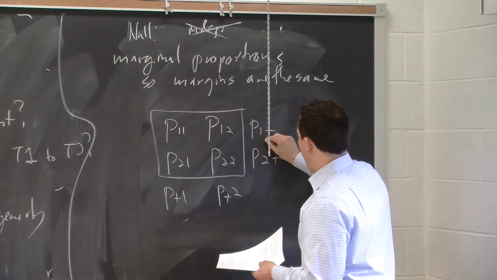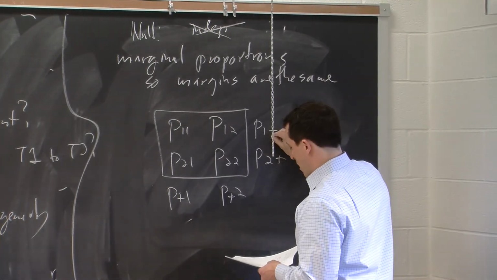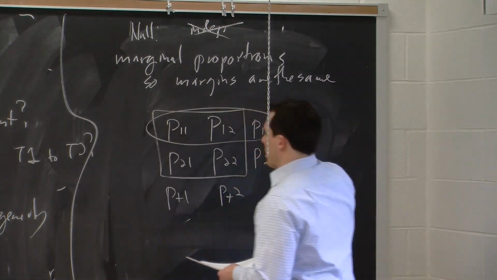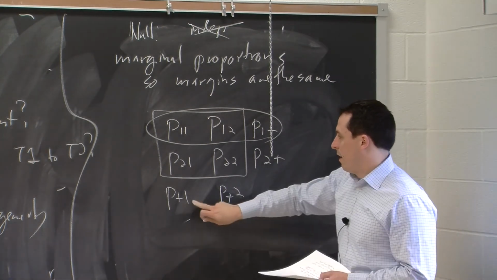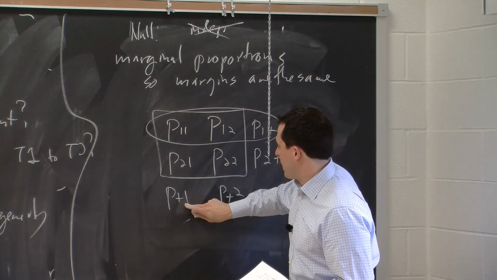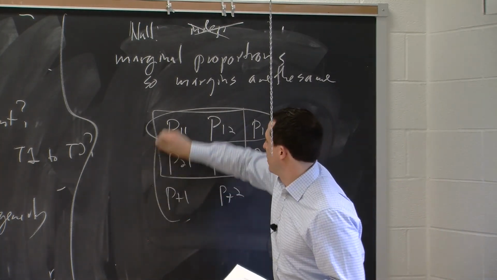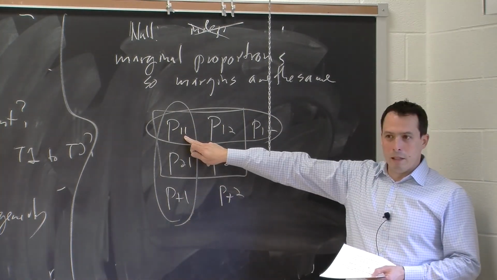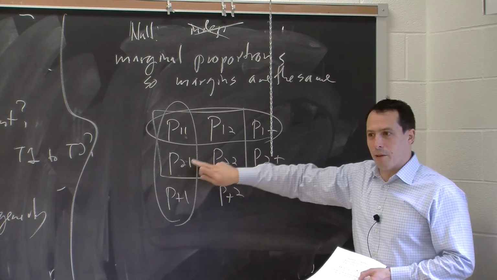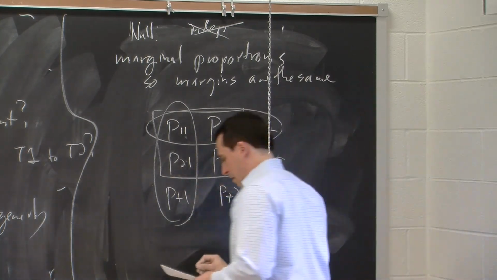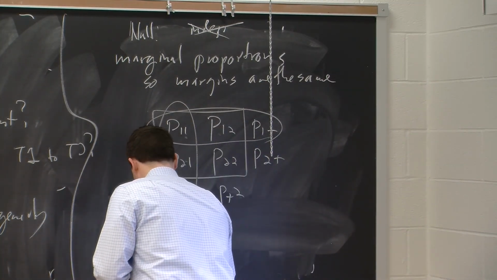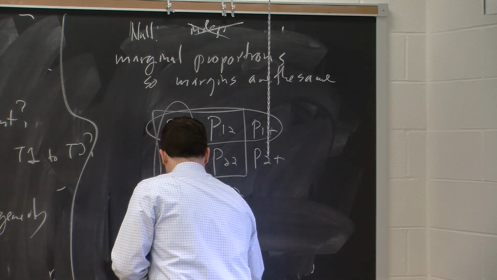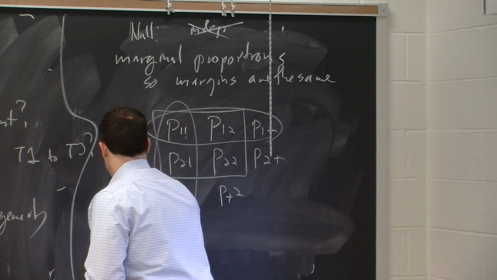But for this, I want to know if this number changed. This number is just equal to this plus that. This is the before, this is the after. That's equal to this plus that. They share in common this number. So the only thing I really want to know is whether these two numbers are different or not. So P1 plus minus P plus 1, the difference of proportions.